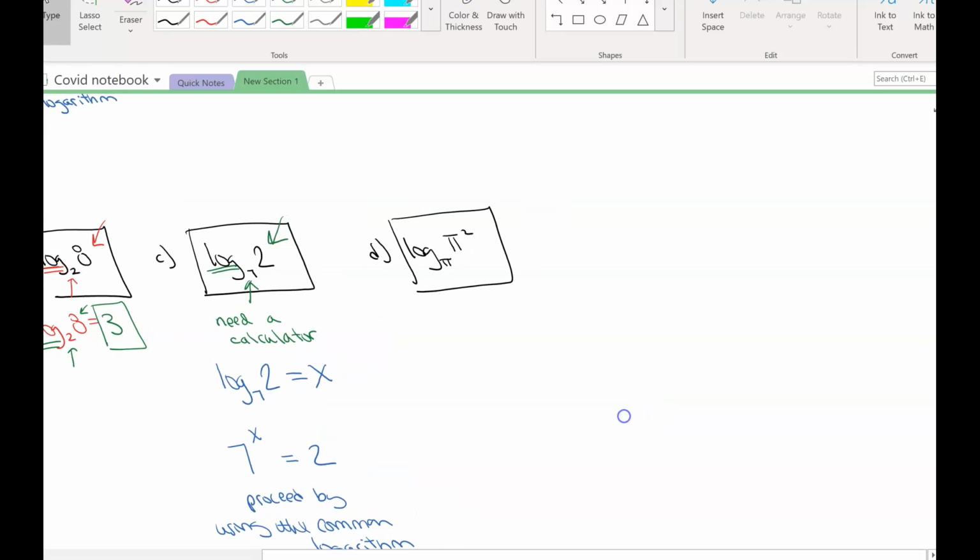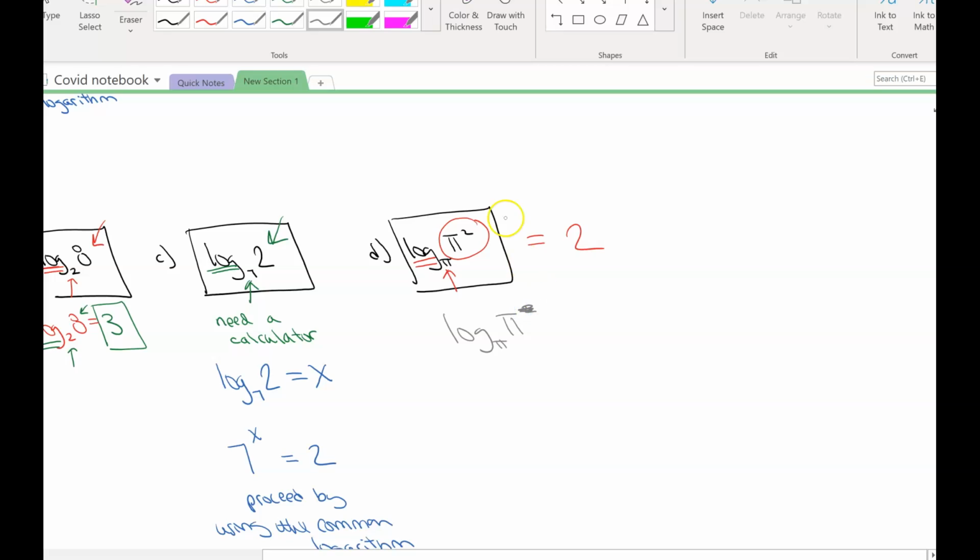Okay, this one's kind of interesting. What is the exponent that pi needs to be raised to give you pi squared? Some of you will automatically say, oh, this just equals 2, okay? Some of you may say, I remember something about a power swinging out front. Let's see. Log base pi of pi squared.